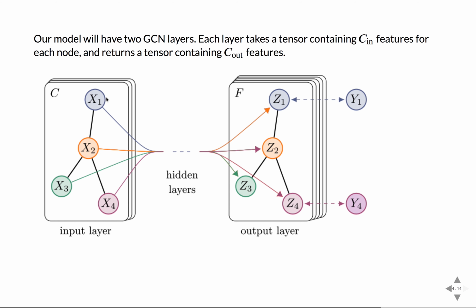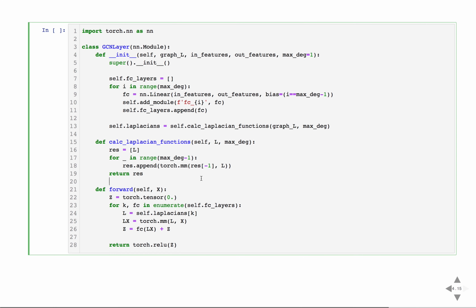It kind of means that each node has C features, and each layer creates new features for each node. Until we get to the output layer, we have these output features. Okay, and in our case, we'll only use labels for two specific nodes, and then we'll backprop to the whole thing to update our learned features, learned weights.